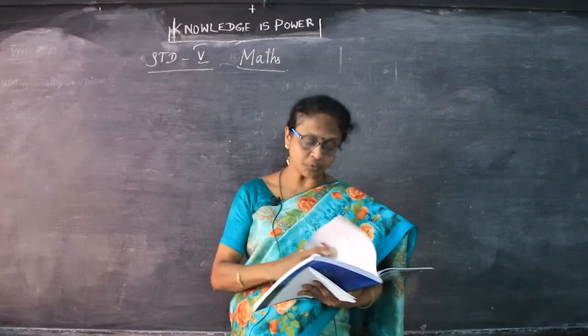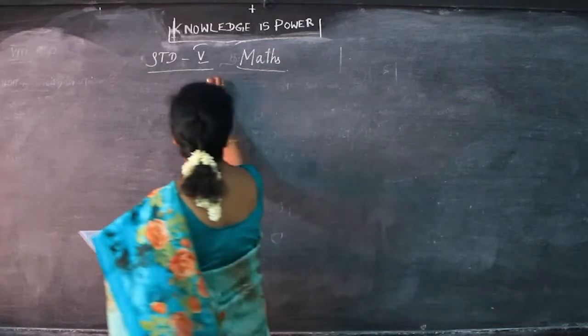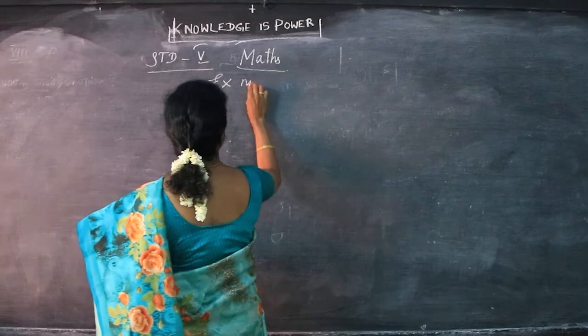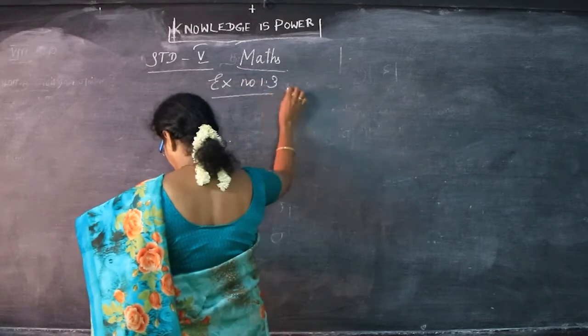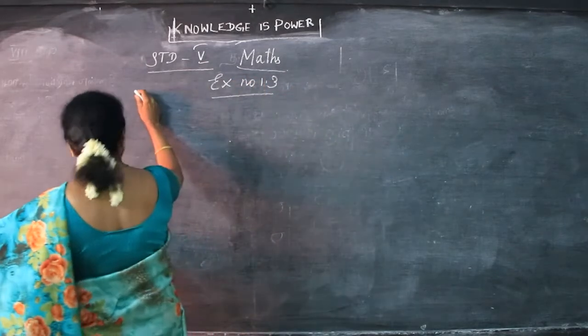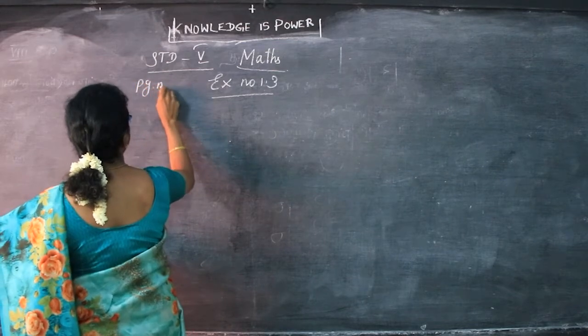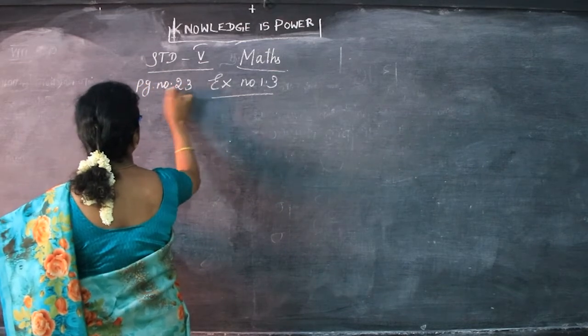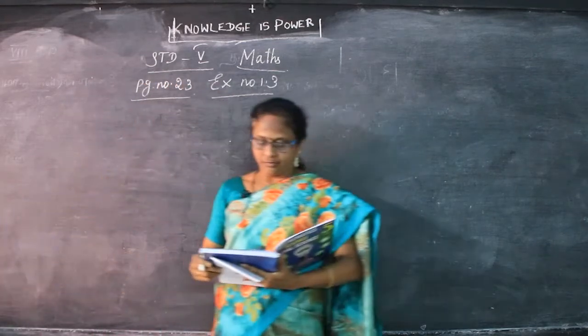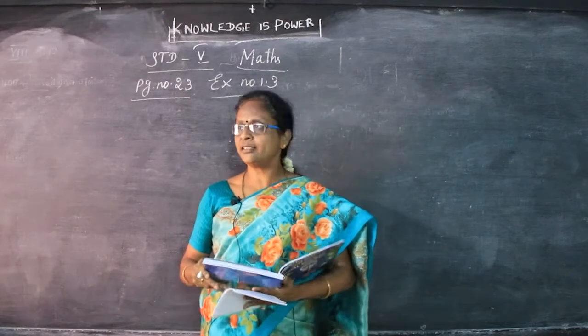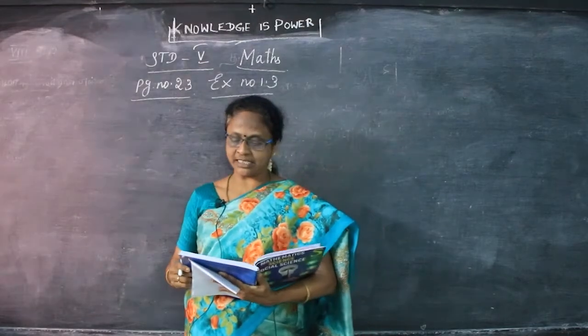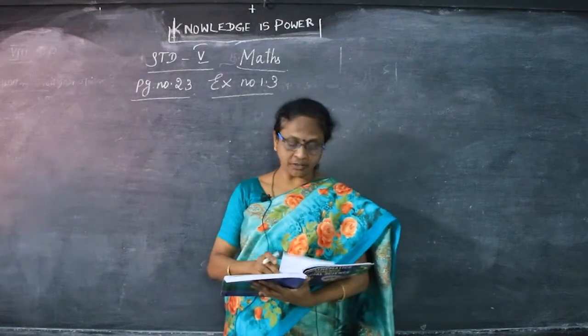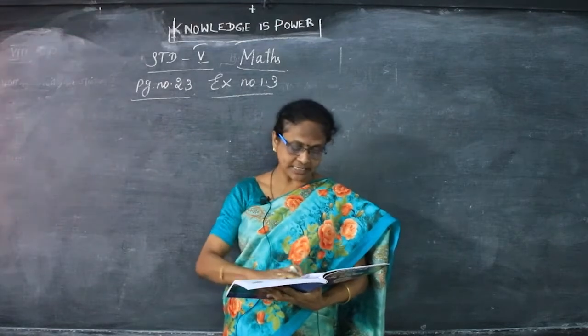Now we are moving on to exercise number 1.3, page number 23. So the first exercise: the angles below 90 degree and above 0 degree. Below 90 degree is called an acute angle.